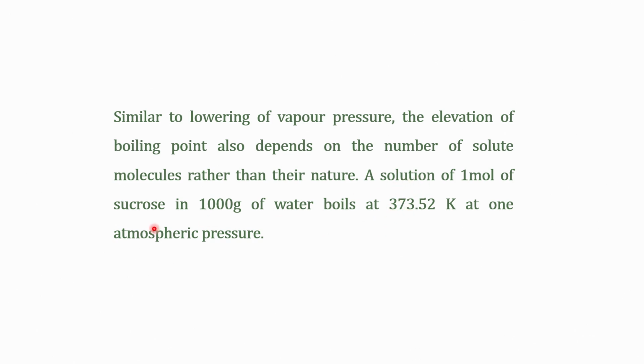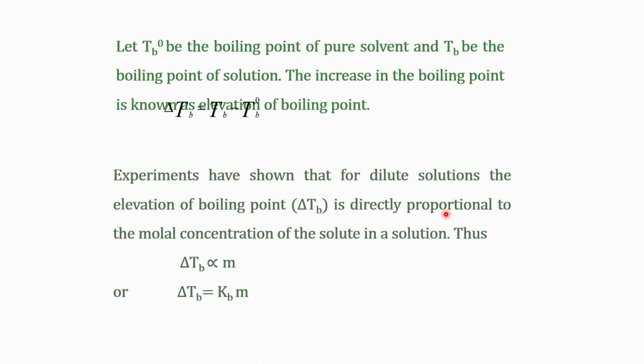Now, a solution of 1 mole of sucrose, if I dissolve it in water, what temperature will it boil? Instead of 373.00, it boils at 373.52 Kelvin at 1 atmospheric pressure. So, this is how we express K, is Kelvin, degree Kelvin. Okay.